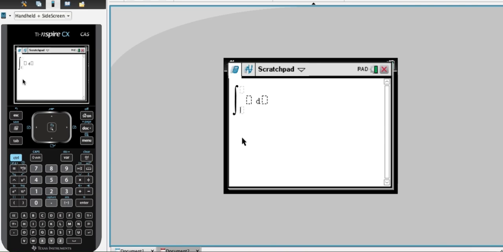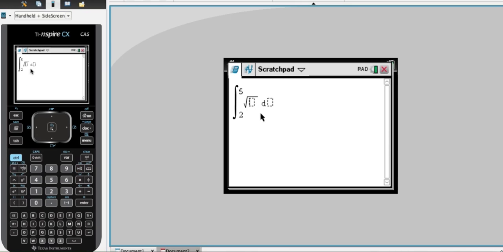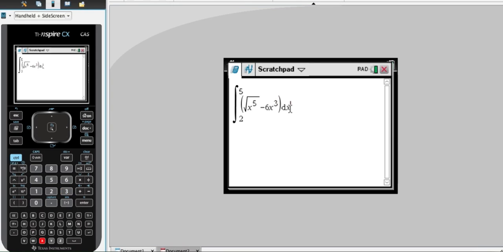So if we want the area under the curve from 2 to 5 of the function square root of x raised to the 5 minus 6x raised to the 3 dx, it would look like this.